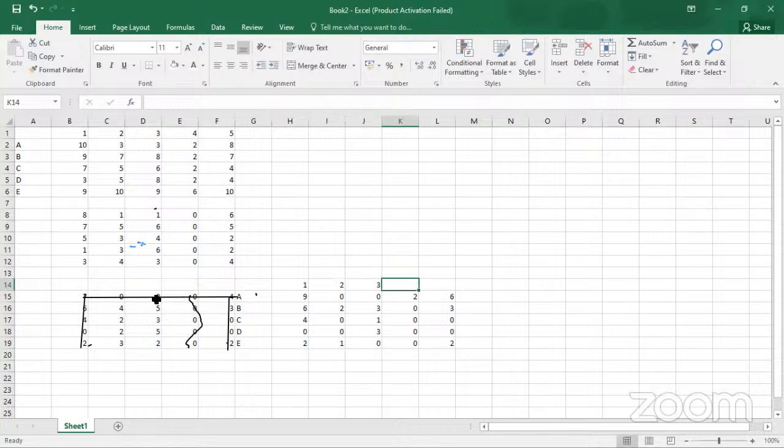Job 2, job 3, job 4, job 5. Again, single zero row or column. Which is a single zero row or column? Second row. Fourth column. So we will assign the second row and fourth column.